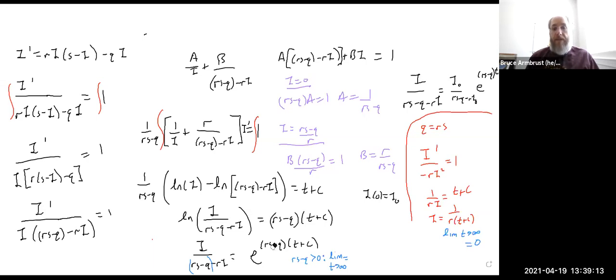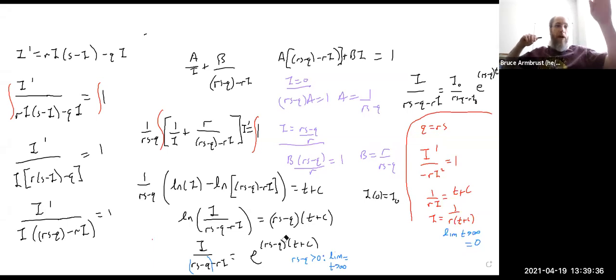What if it's less than 0? If that guy's negative, that's going to drop to 0. So depending upon what you get when you solve for I, those exponential pieces are going to do complete opposites.